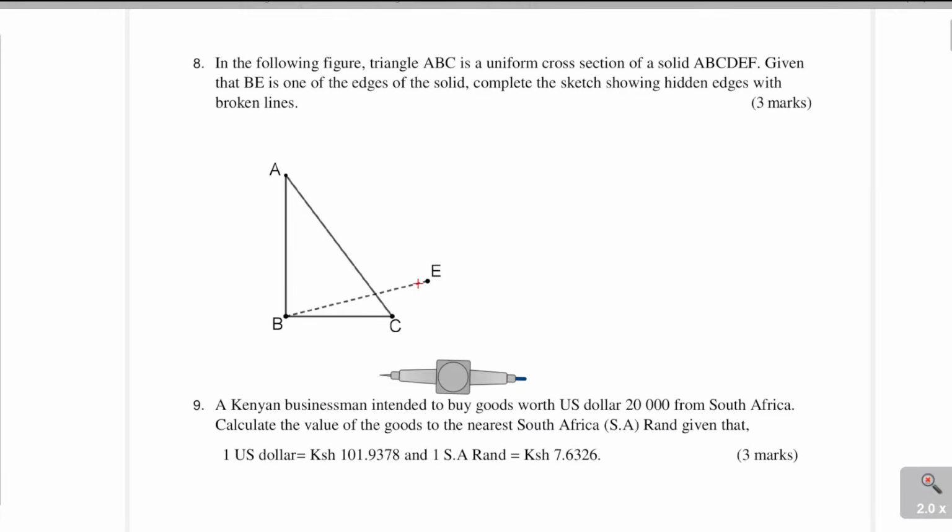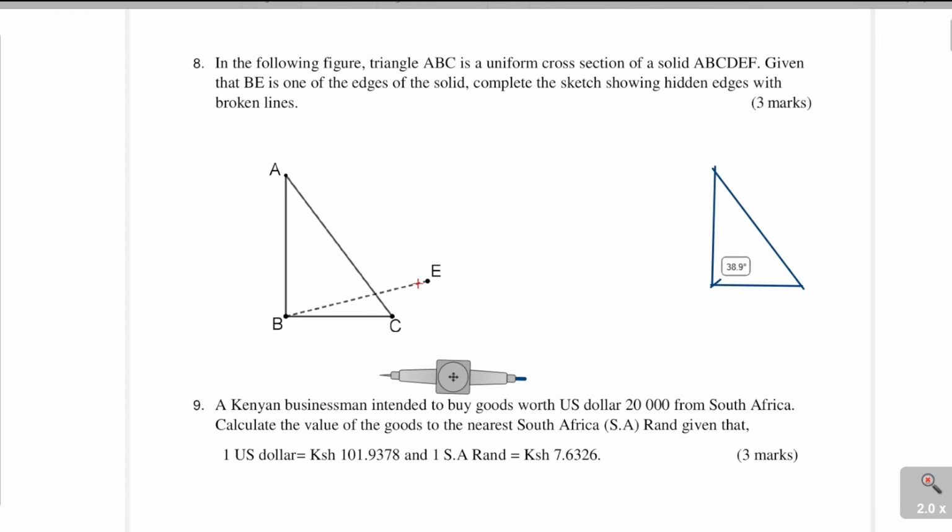Question 8. In the following figure, triangle ABC is a uniform cross-section of a solid ABCDEF. Given that BE is one of the edges of the solid, complete the sketch showing the hidden edges with broken lines. 3 marks. So I'll first complete what you're required to have. Remember, to complete this, I'll sketch the whole diagram that you need to have.